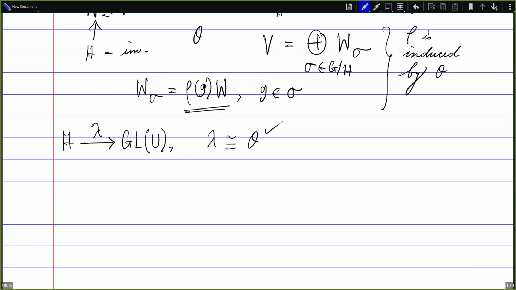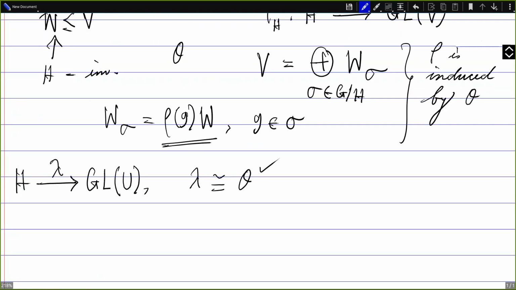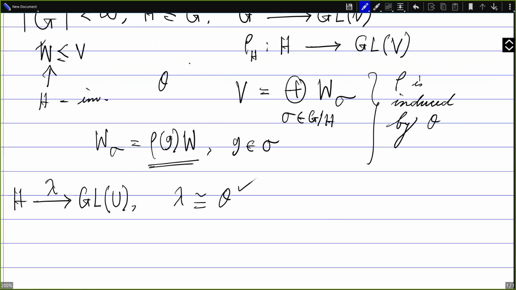So let me again repeat. I say an arbitrary representation lambda induces rho if lambda is isomorphic to a sub-representation of the restriction which induces rho. So lambda is isomorphic to a theta like this, which induces rho. Okay.